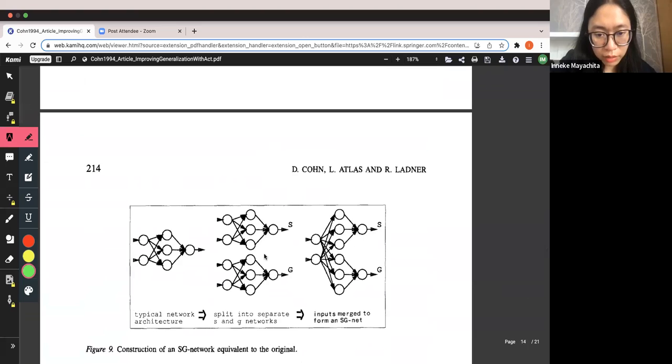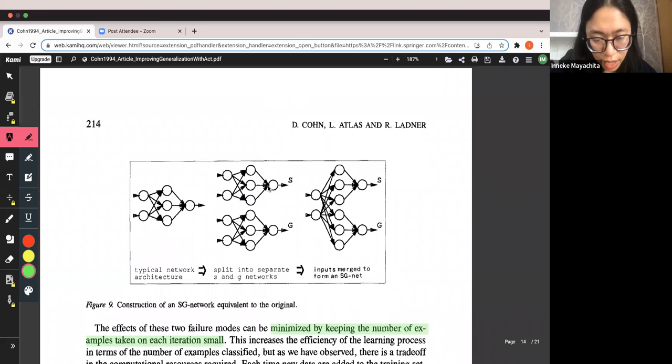I think what I understand is that for the subset network, the S1, they want to maximize the precision, because they want all the examples within that concept to be one, whereas for the other network, G, the general one, we want to maximize the recall. Basically we want to cover more examples than just one.